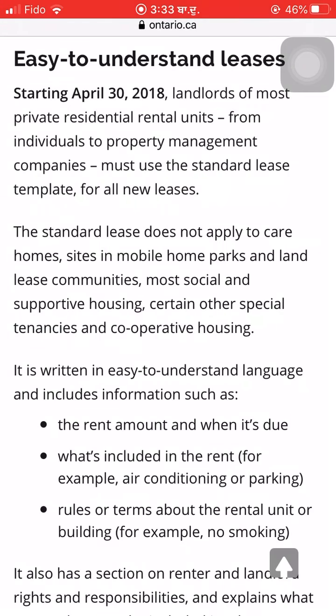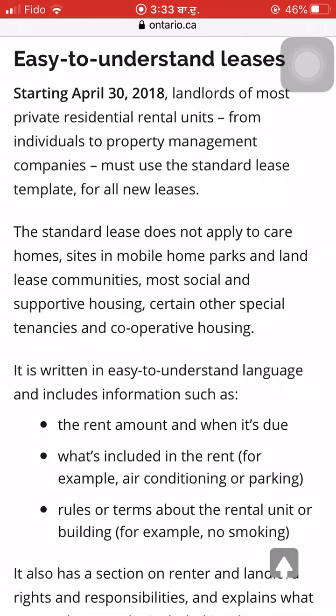So you should have your lease or agreement if you are moving into a new house, and it should be easily understandable, meaning it should be clearly written how much you will be paying and when it's due, like on the 1st of every month or the 5th, or whatever date you and your landlord have agreed on.